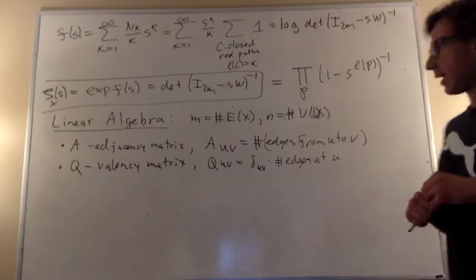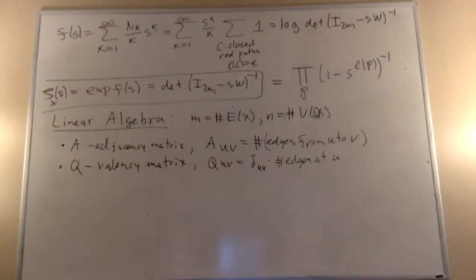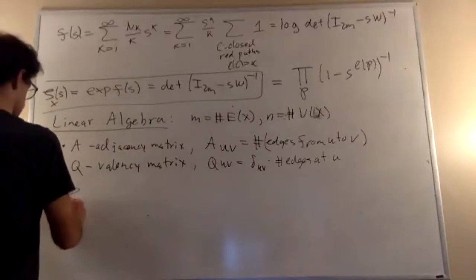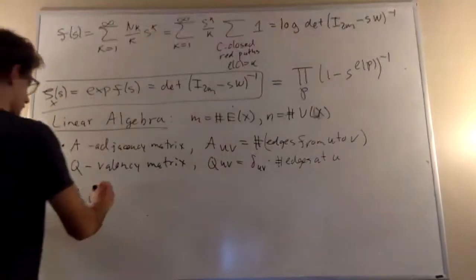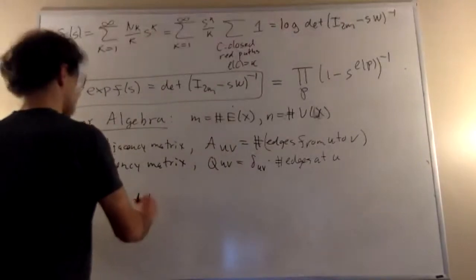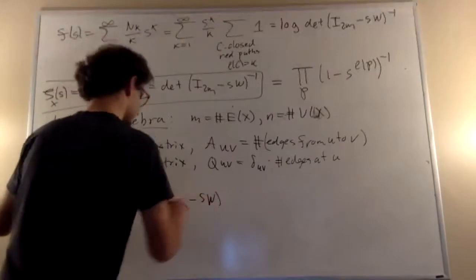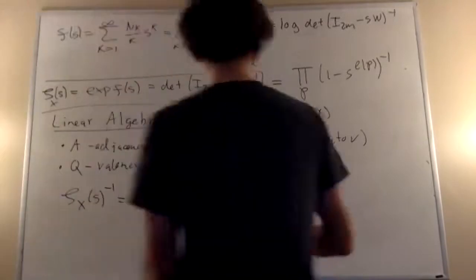Okay? And so a linear algebra calculation can show the following. I'm not going to do it. If you take the zeta function of a graph, and let me go ahead and invert it right here, so this is the determinant of I_2m minus SW, it's equal to the following.